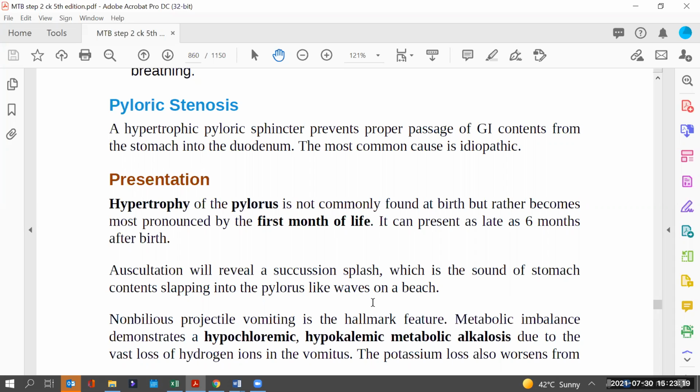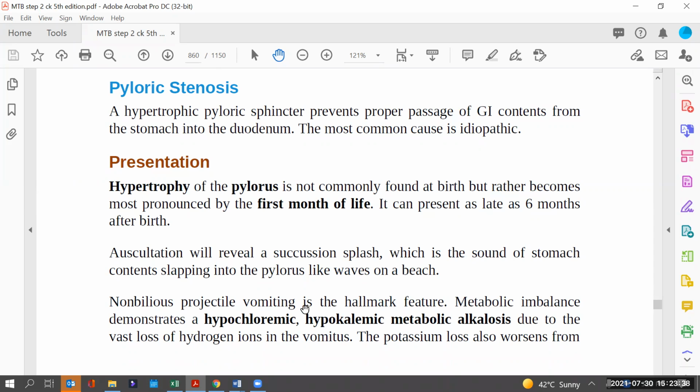That sound is called the suction splash, which is the sound of the stomach content slapping into the pylorus like waves on a beach. And those waves on a beach don't find a big path to cross. It's a very small path. Why is the path small? Because the hypertrophy of the pylorus is already there.